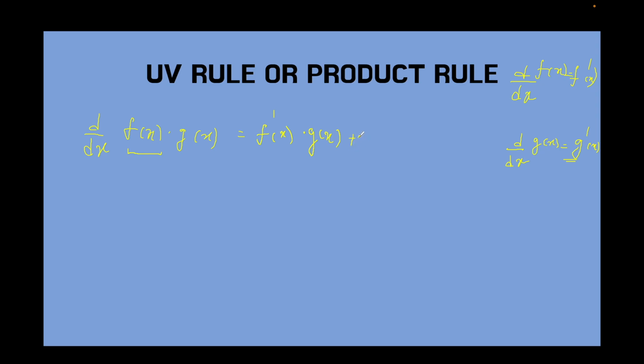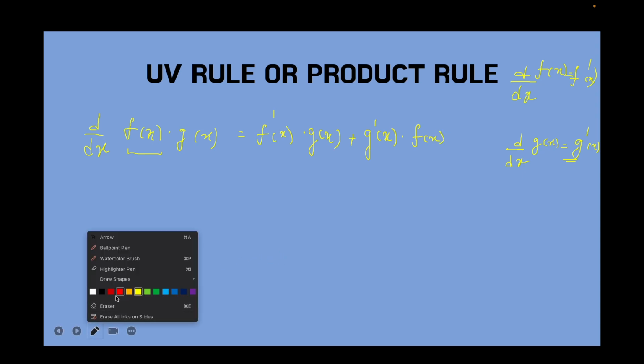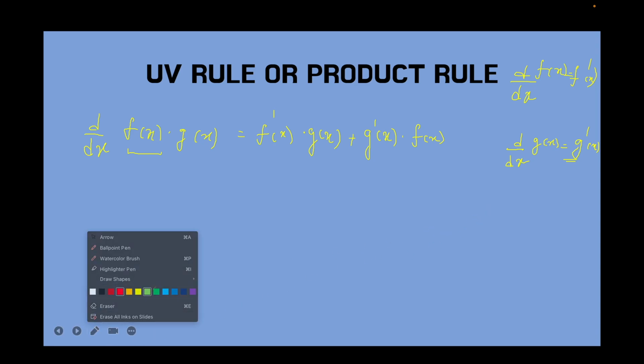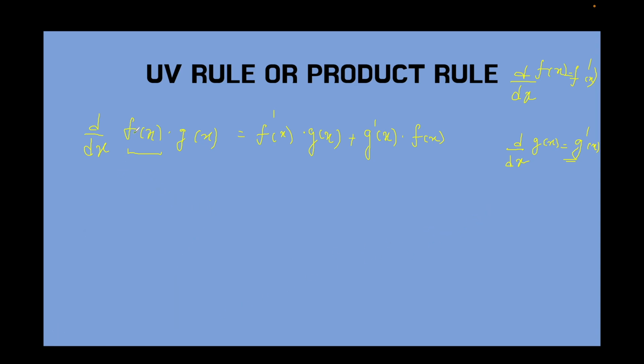Now what you will do? Take the second function, which is the remaining one, differentiate that, and multiply it to the first function. So this is called the product rule. Clear? Now you can do it in any way you want.